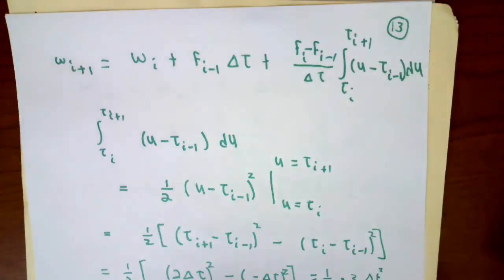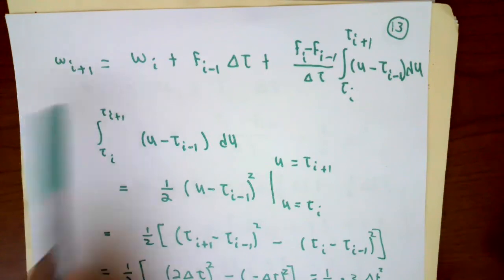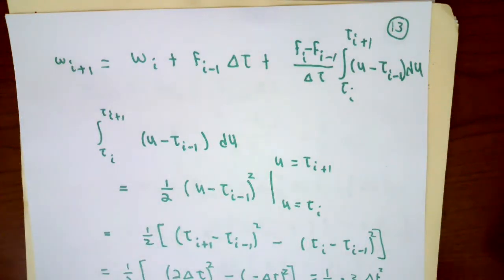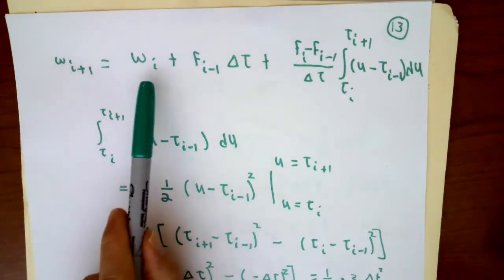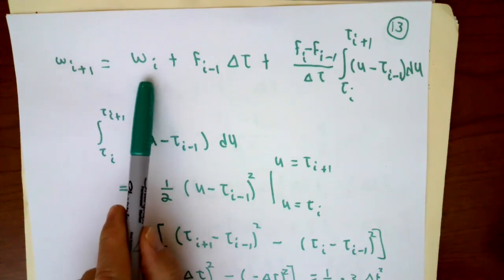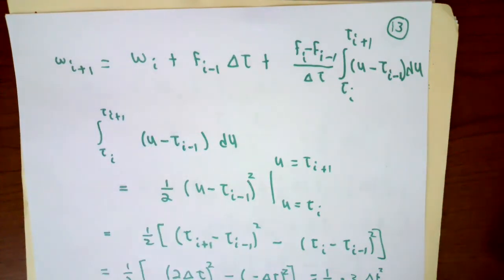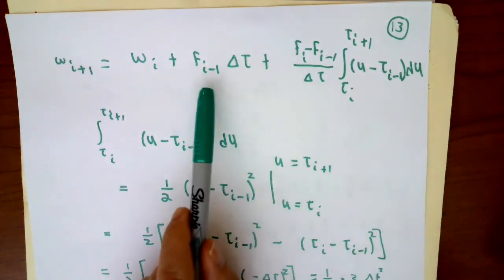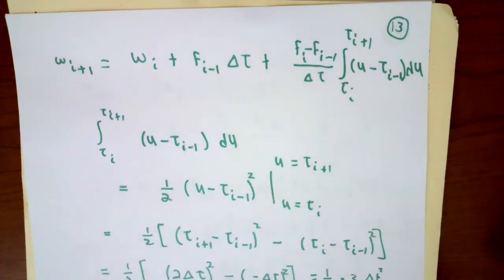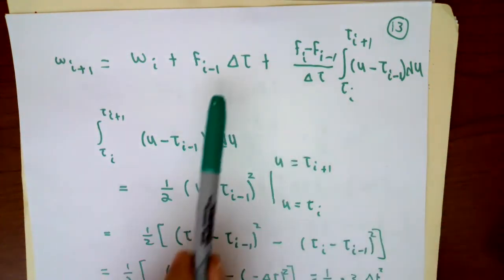As a result, wi plus 1, my approximation at i plus 1, is going to be the approximation at ti plus the integral. The integral of that first term is easy to do. It's the integral of a constant, so it's the constant times t. You evaluate at ti plus 1 and ti and subtract. The first term has an integral that's easy to describe.